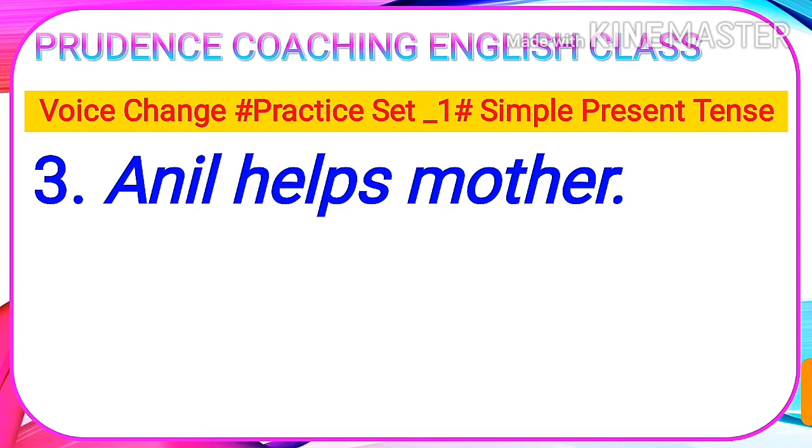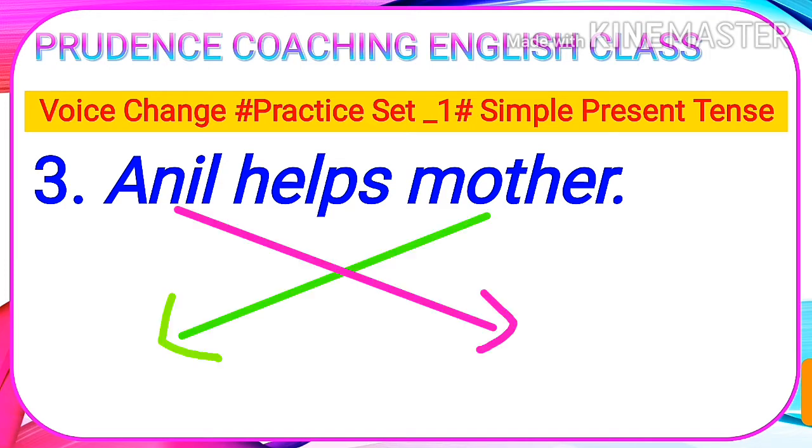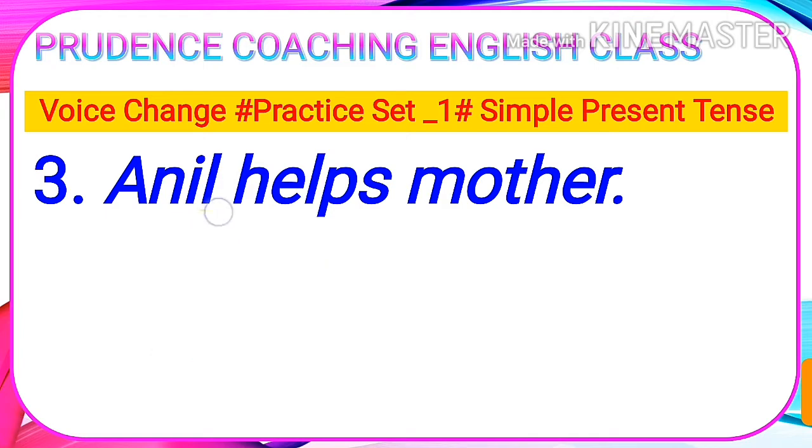We need to change it into passive one. First we need to swap the subject and object. So the subject Anil will become our object in the passive voice, and mother, which is our object, will become the subject of the passive voice. So we will start with mother and we will end with Anil. Before Anil we will use a preposition, that is by.